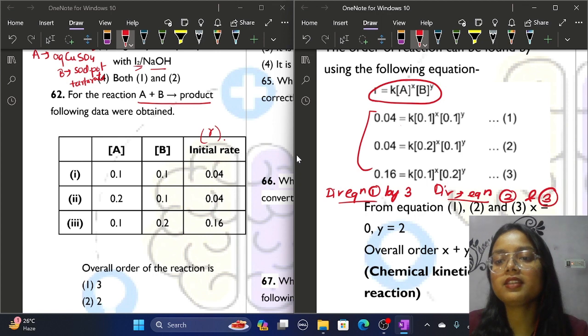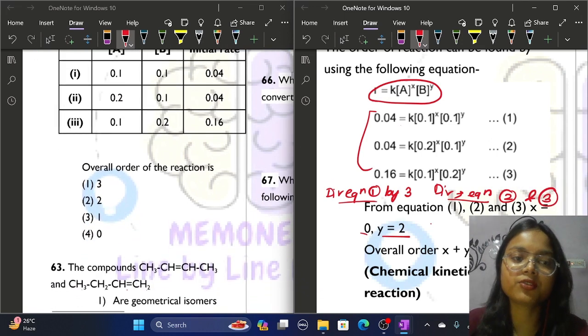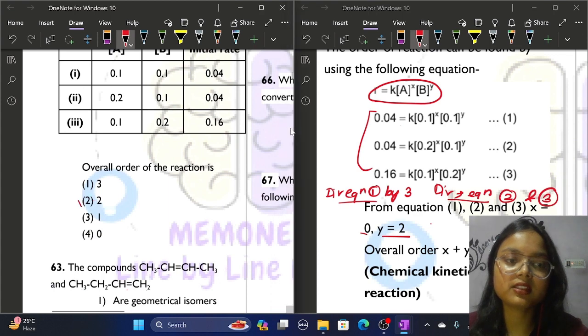Do these two things. After doing this, we will get the result as x equals 0 and y equals 2. Then easily we can find the overall order, which comes out to be 2. So which is the correct option? Option 2 is the correct one.